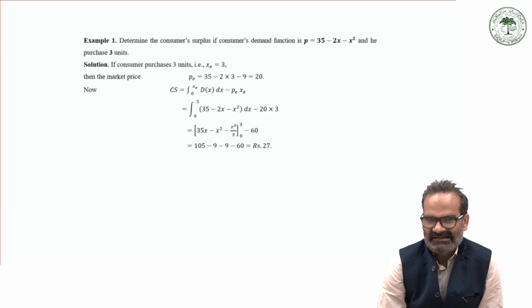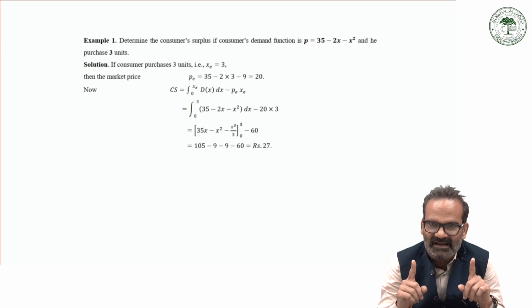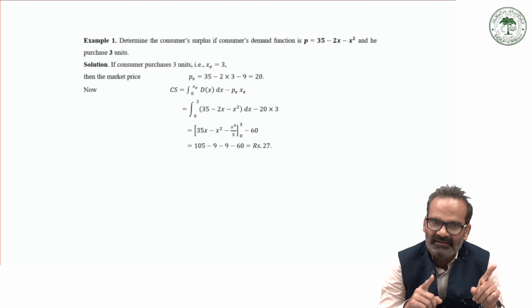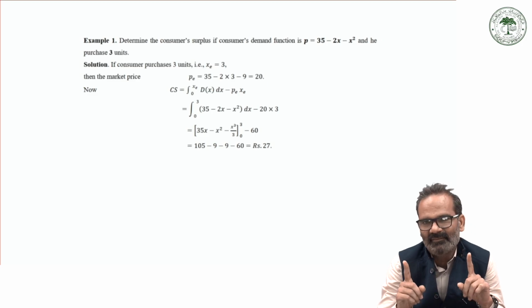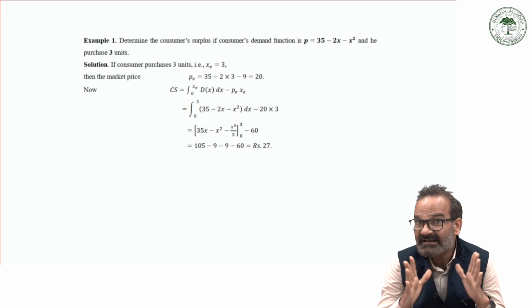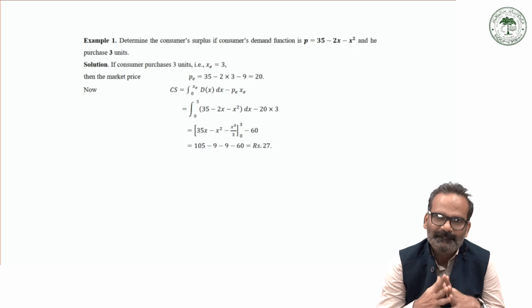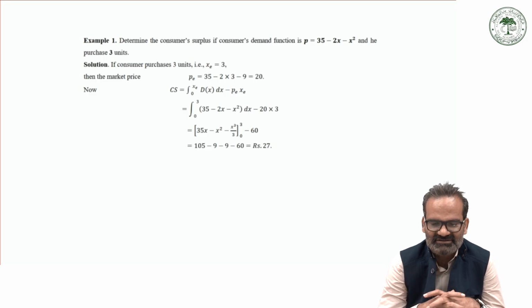Equate MR equals MC and solve this equation for X, you will get the value of X that is represented as XE, the quantity demanded in the market. If the quantity demanded is known, put this value of X in the demand function, you will get its respective price decided by the market, denoted by PE. And then you can use the formula to determine the consumer surplus under both of these conditions.